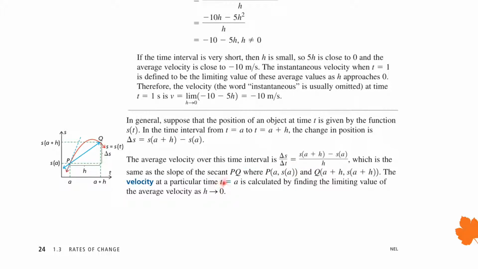The velocity at t equals a can be calculated by finding the limiting value of the average velocity as h approaches 0. The smaller h is, the closer average velocity and instantaneous velocity are together.